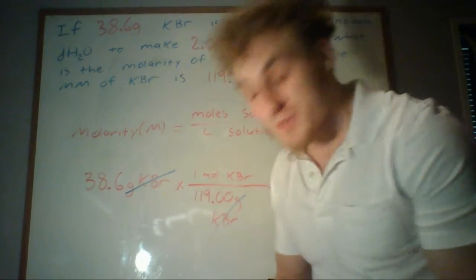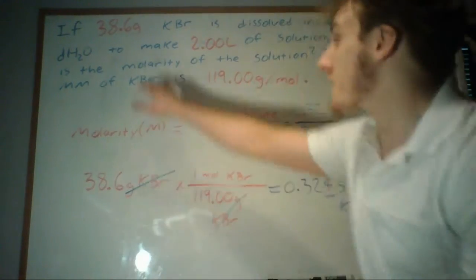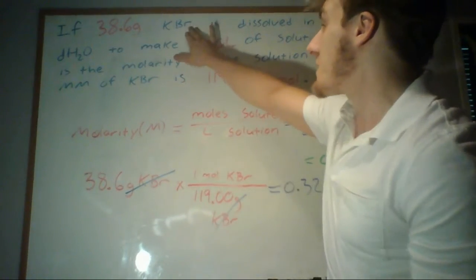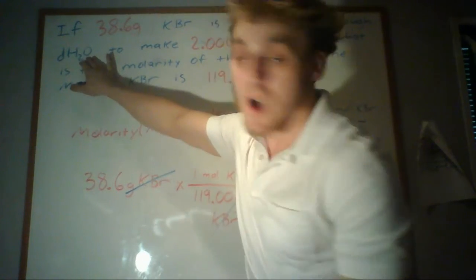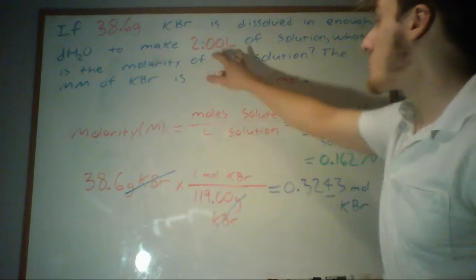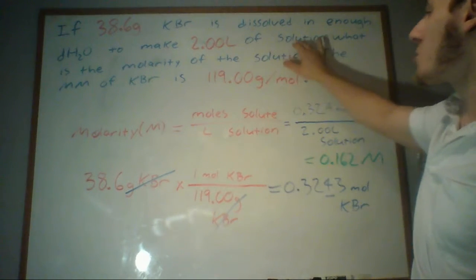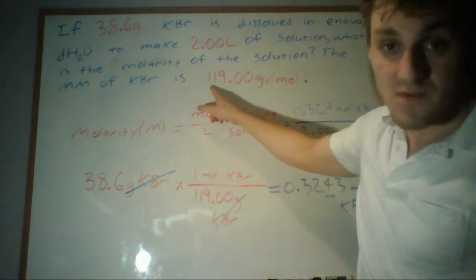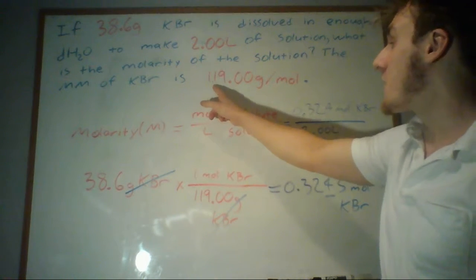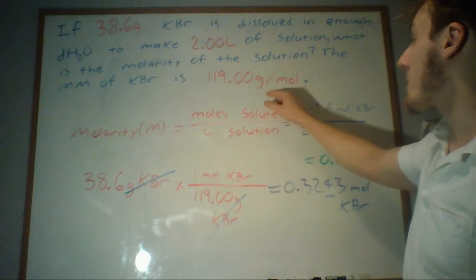So let's just quickly recap what we did here. We had 38.6 grams of potassium bromide, and we dissolved that in some deionized water so that we had 2.00 liters of solution, right? And we're told that the molar mass of this potassium bromide is 119.00 grams per mole.